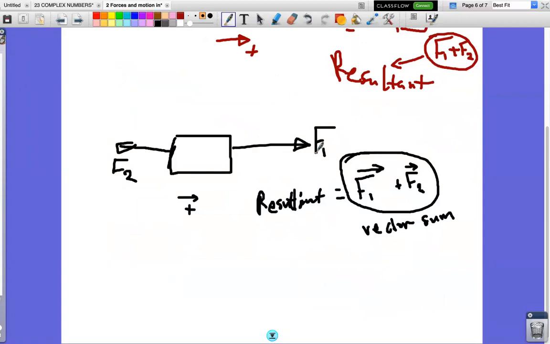Now, because F1 is positive and F2 is negative, they act on the same line, like the x-axis, so we can just sum their magnitudes. So it will be F1 minus F2. This is the magnitude of the resultant force on this object. And this resultant force will be acting in this direction. So you have F1 minus F2 in that direction, since F1 is bigger than F2. Okay.